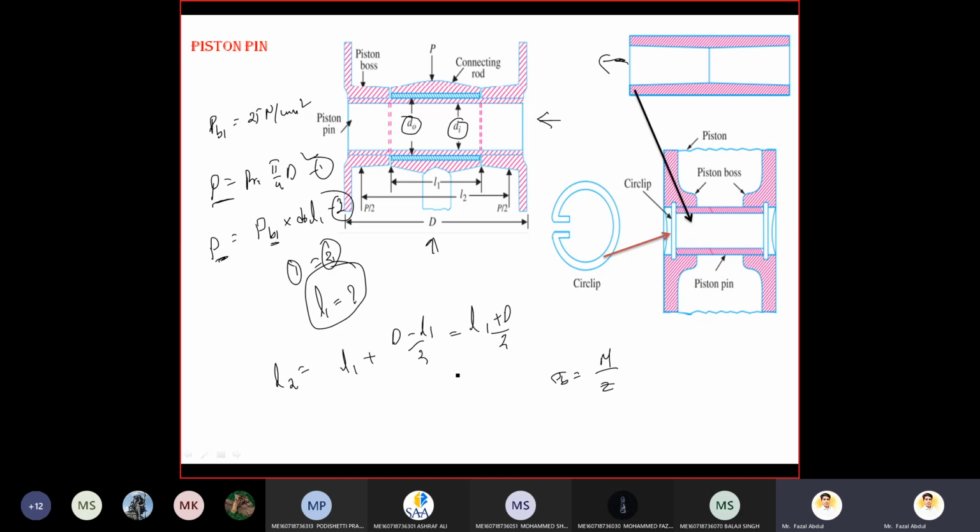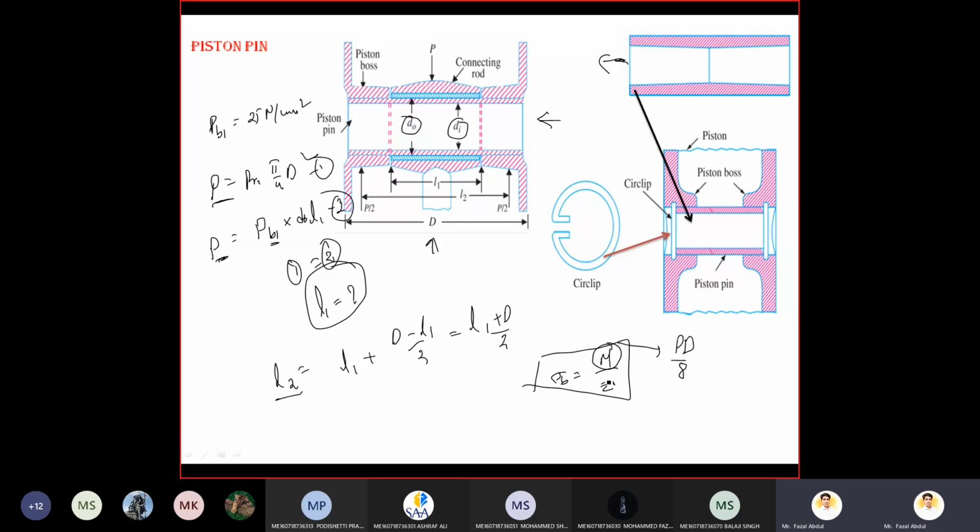That is L2. Now, whatever values we calculated for L1 and L2, we have to check whether these are in the safe condition or not. For this, we have to take the bending stress equation. Now, what is the bending moment here? The bending moment here is P into D by 8.